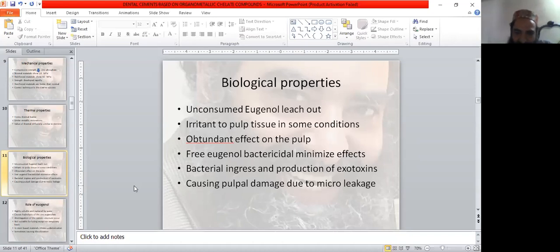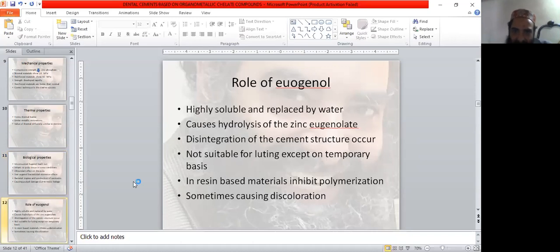Now bacterial ingress and production of exotoxins. If you use your mind, the answer is there. Now, which causes pulpal damage due to microleakage. Now, highly soluble and replaced by water is the component which is called eugenol.